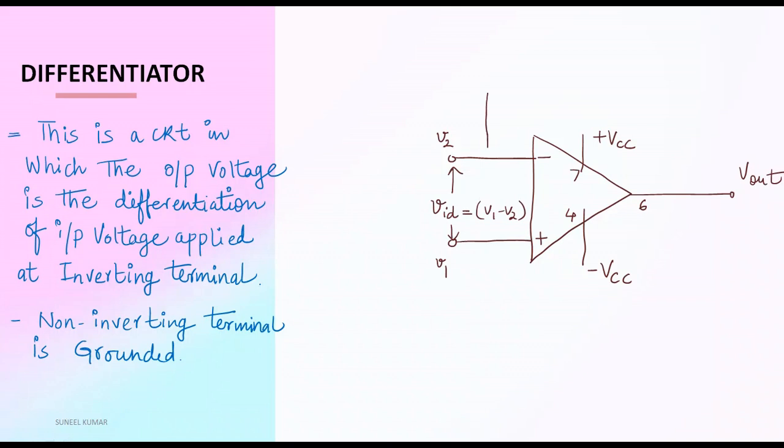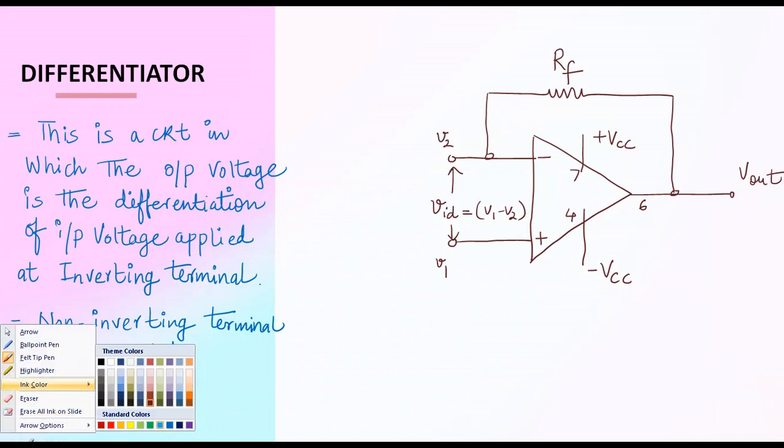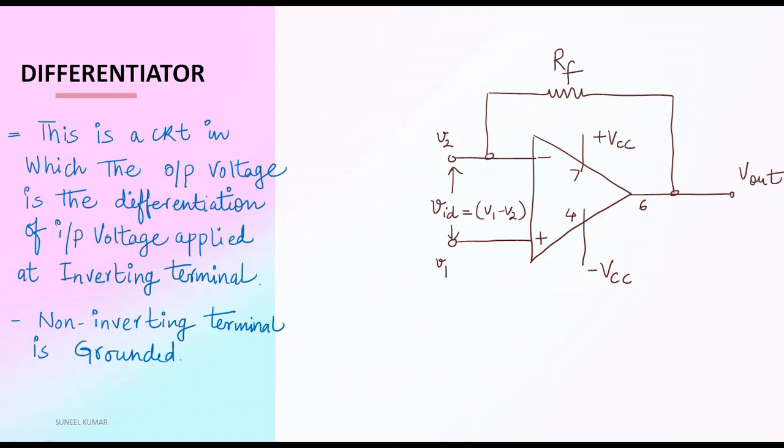And here we are connecting a resistance and a capacitor. In the integrator we took the capacitor in feedback, but in the differentiator we are connecting a feedback resistance RF, and the non-inverting terminal is grounded.